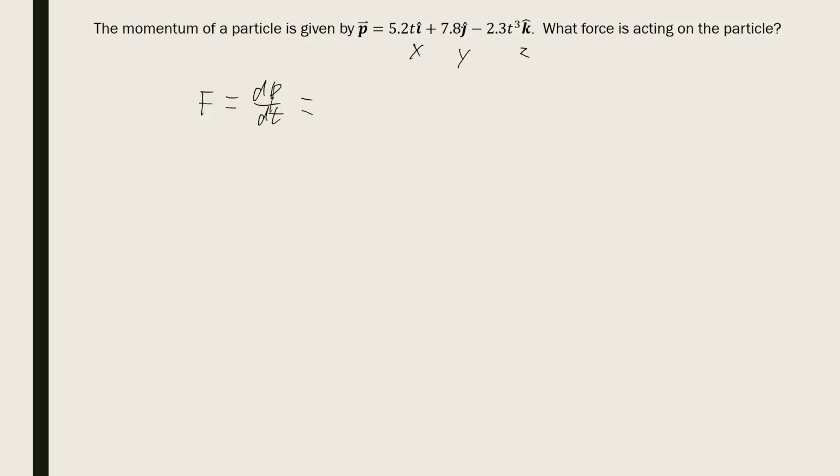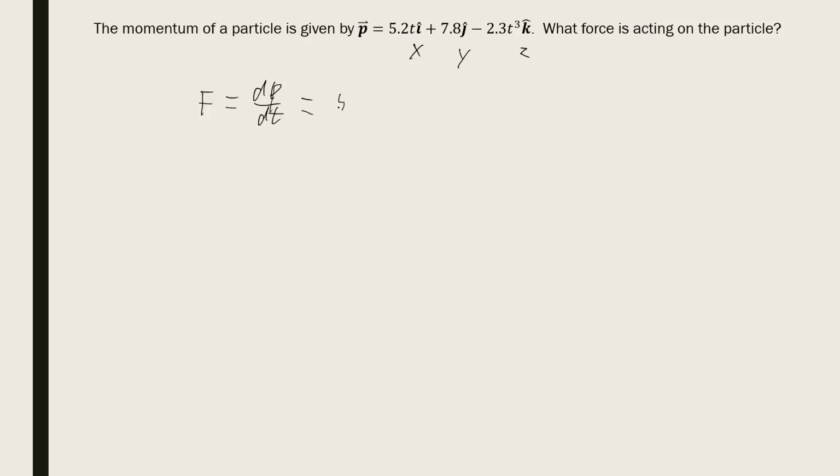Since there are no x, y, or z variables in here, we don't call this a partial derivative. We're just taking the derivative of this whole thing with respect to time, and these are the directions of each of these components.